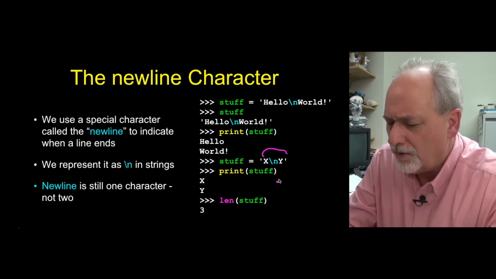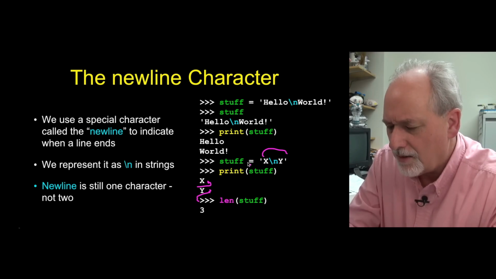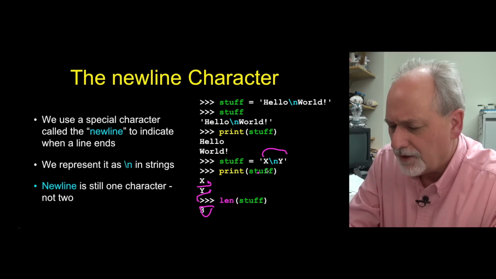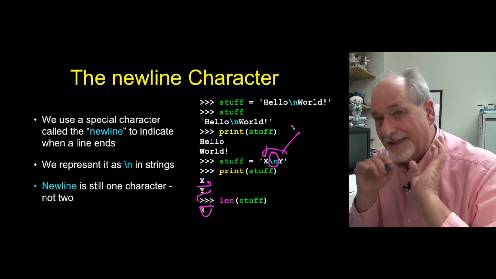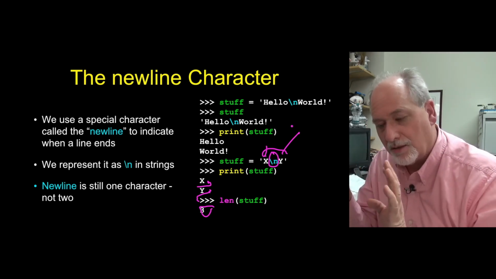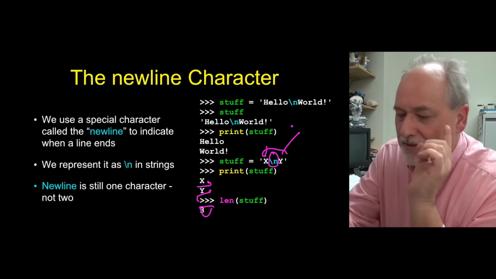Now, it's important to note that the \n is one character, right? And so even though this x\ny prints this, and then print adds another newline to go down to here, if you ask what is the length of this? Well, it's only 3. That's because the x is a character, the \n's a character, and the y is a character. So it's a 3-character string. So the \n is a character like all the rest of the characters, but we encode it by typing \n.